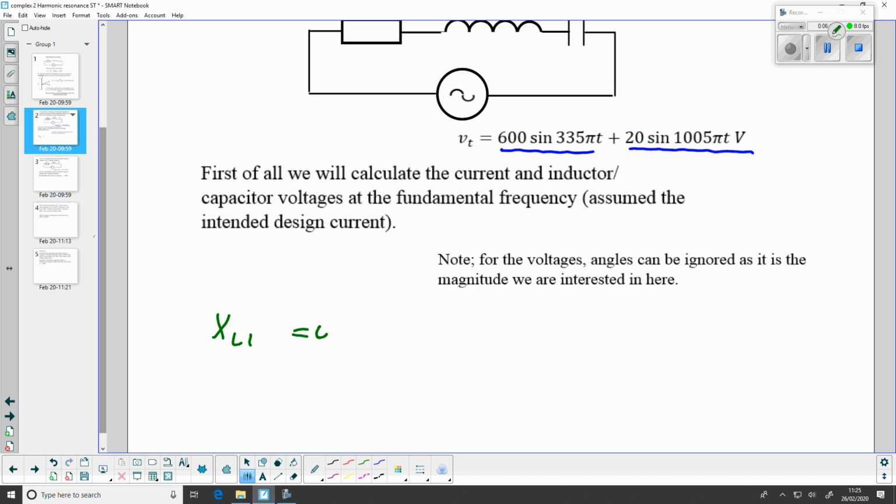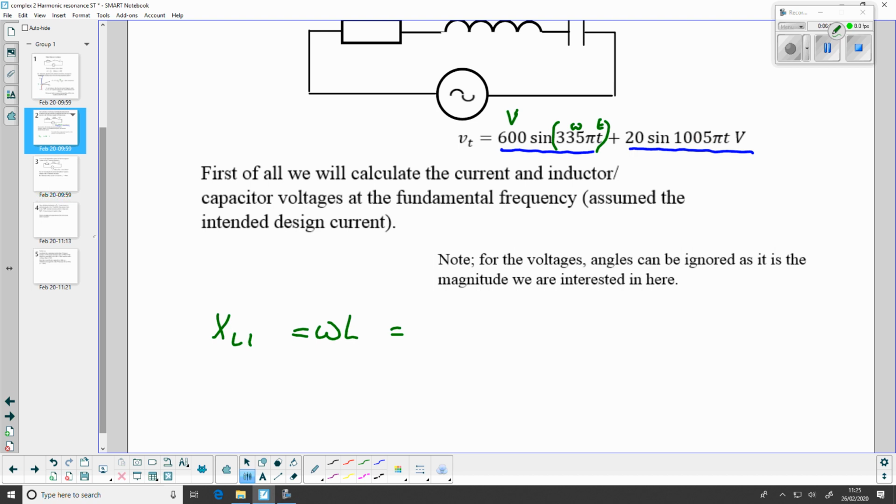So we'll start by considering the inductive reactance, which is equal to omega L. In this case, will you tell me what omega is? It's taken from the specification. Remember the specification of the sine wave? The 600 is the amplitude, t is time, and omega is inside the sine function.